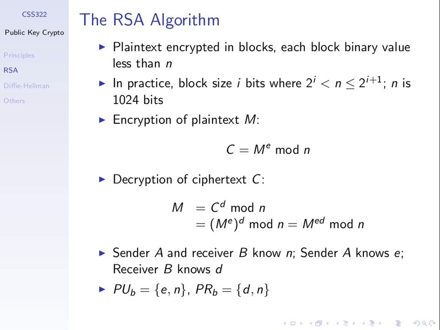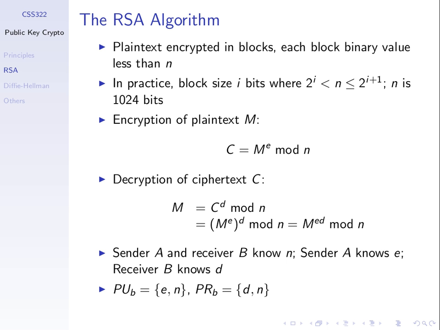Let's deal with this side. So we can bring the d inside the brackets here. M to the power of e mod n, all to the power of d, is the same as m to the power of e, to the power of d, mod n.